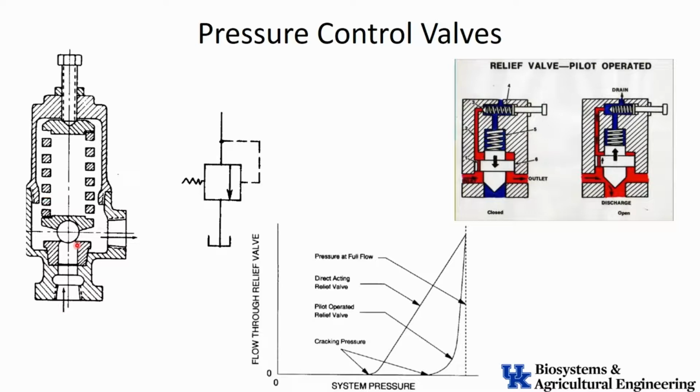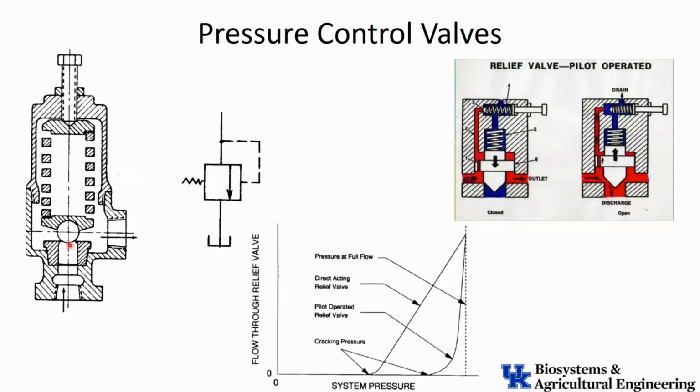Over here is a very simple type of pressure control valve or relief valve. And it's a cutaway, so these blocks you see up here are actually a spring. So this is a spring up in here that's pushing down on a ball. This is a ball that's seated on here. So the flow path would be from the bottom on this particular valve.